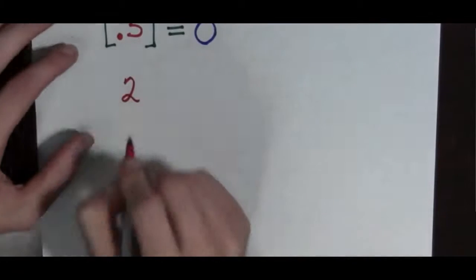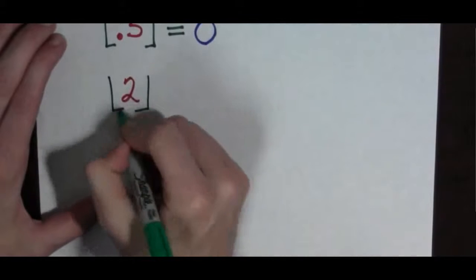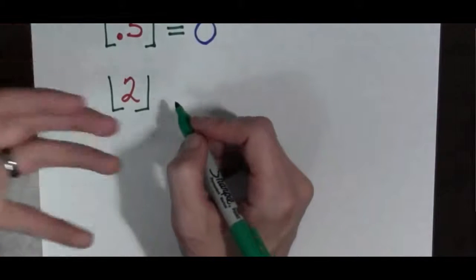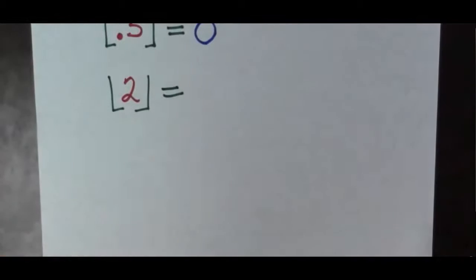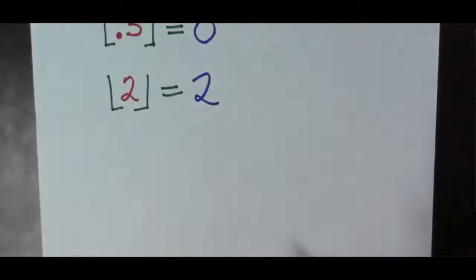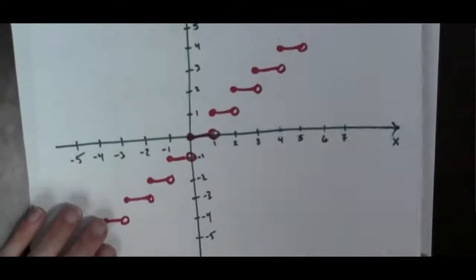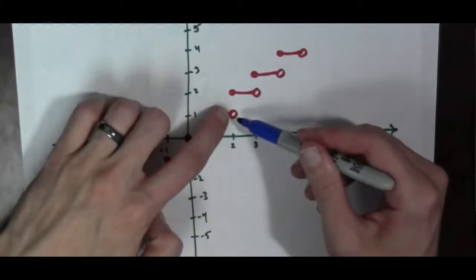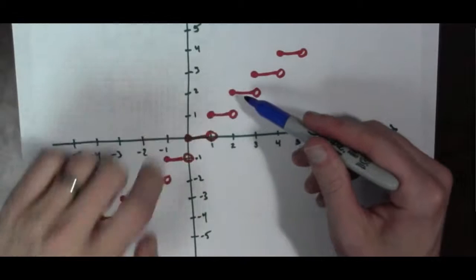Let's do another example. So now, instead of 0.5, let's look at 2. What's the greatest integer that's less than or equal to 2? So that's what this symbol means. It means you find the greatest integer that's less than or equal to 2. Well, the greatest integer that's less than or equal to 2 is clearly 2. And if we look at our graph again, go over to 2, this hole means that we ignore it, and we see that our function's value is in fact 2.